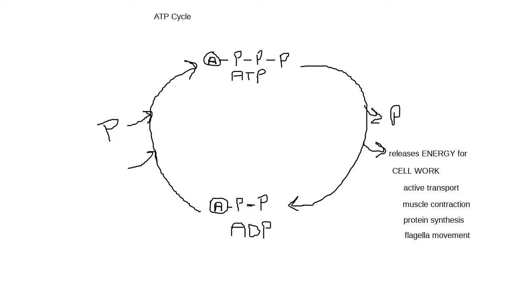So here we have energy is needed. Energy is needed to put the phosphate back on. And where does that energy ultimately come from to rephosphorylate, or stick the phosphate back on, ATP?